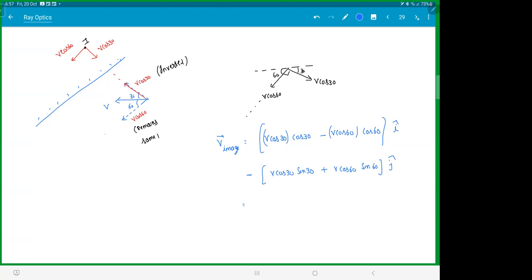That would be cos square 30, so 3 by 4, minus cos square 60, 1 by 4, so v by 2 I cap, minus cos 30 sin 30, so root 3 by 4, plus root 3 by 4, so v root 3 by 2 j cap. Check.